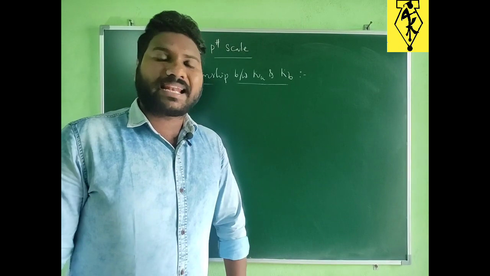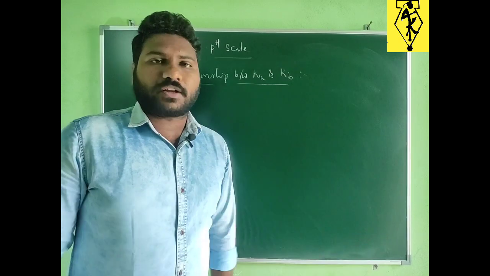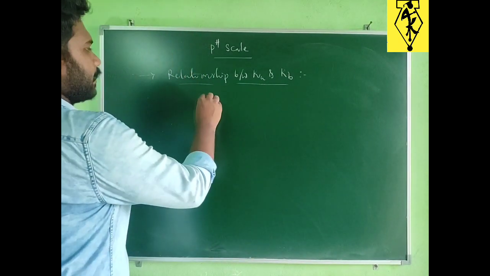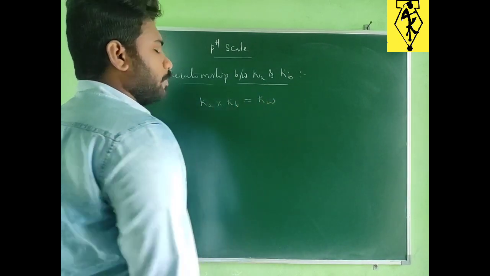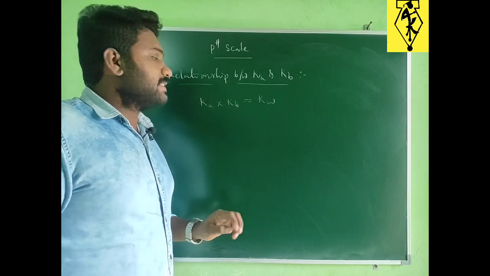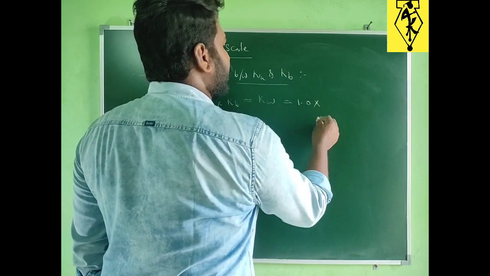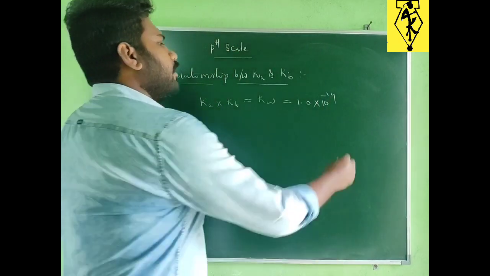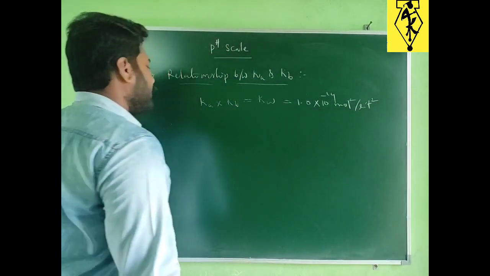Next we will discuss the relationship between Ka and Kb. We know Ka is the dissociation constant of the acid and Kb is the dissociation constant of the base. If we take their product, that is equal to Kw. So the product of the dissociation constant of the acid and the dissociation constant of the base is equal to Kw, which is 1.0 times 10 power minus 14 mole square per liter square.